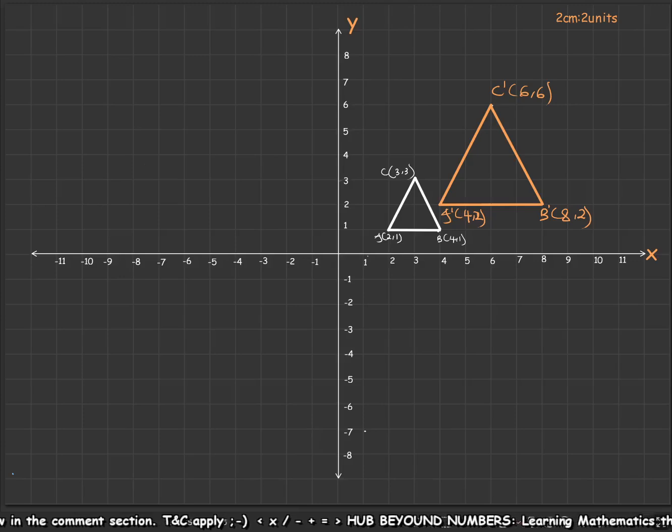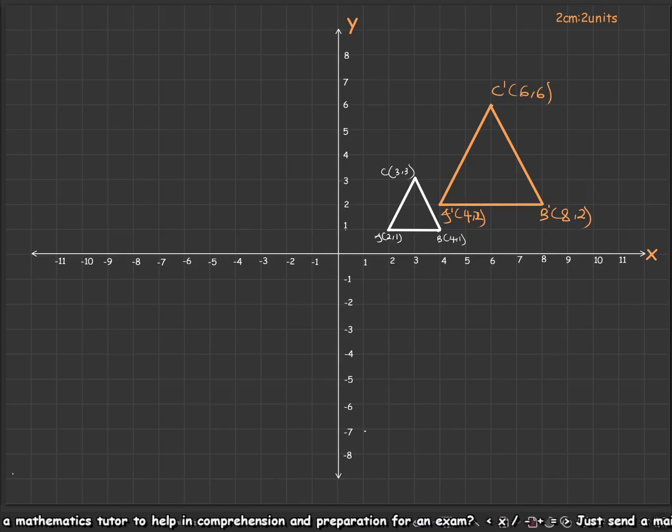But what we do is you draw a line, you see. You draw a line from the center to show that this here is the center of what we are doing. That is the origin, is the center of our enlargement. So to show that it is the center of our enlargement, what we are going to do is draw a line through the center to touch corresponding points.